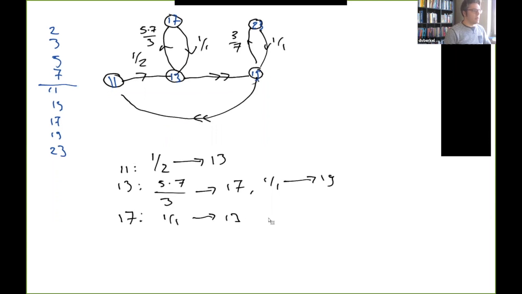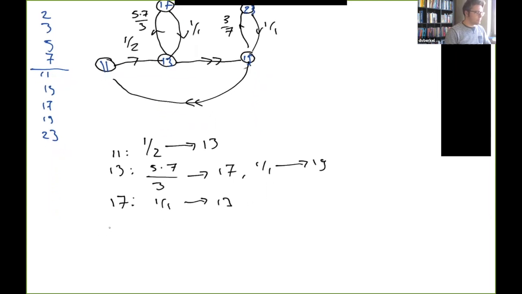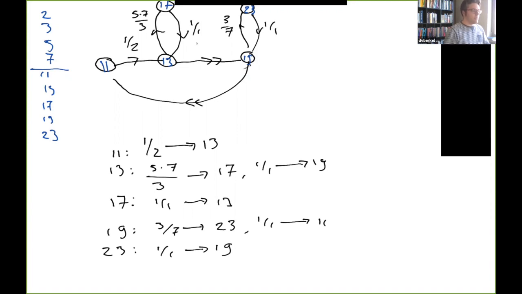And then there are 2 labels left. For label 19, we're going to write down if it is divisible by or multipliable by, we go to 23. Otherwise, with a low priority, we go to state 11. And 23 will always go to 19. So this is a different description of the same diagram, basically.